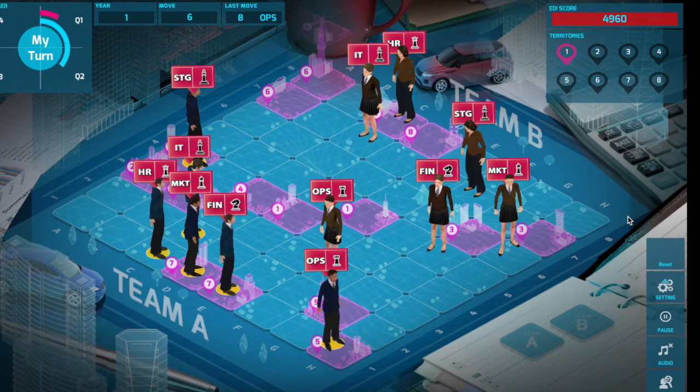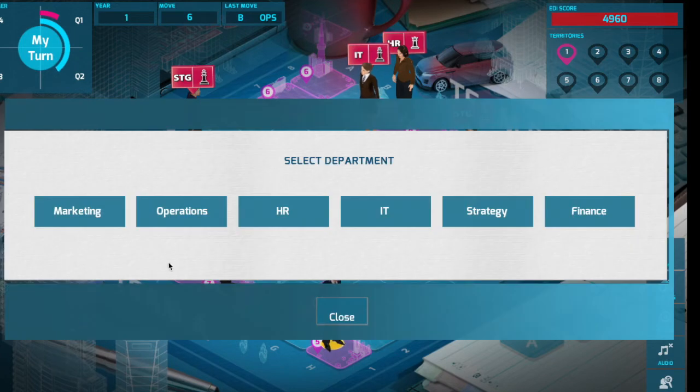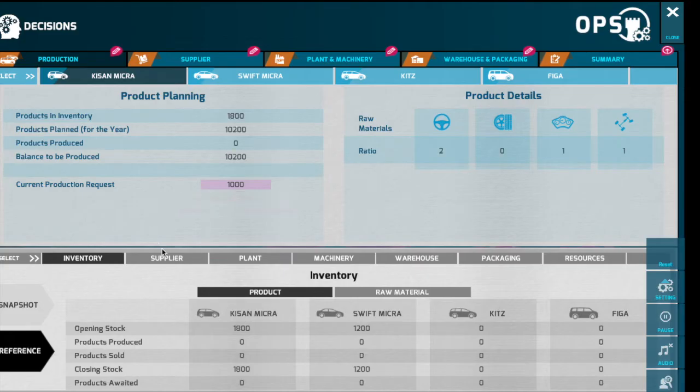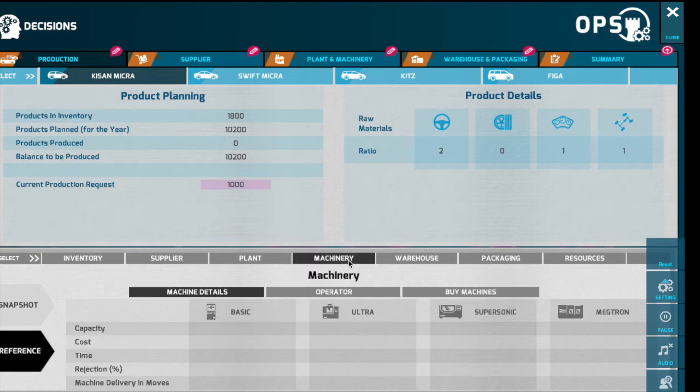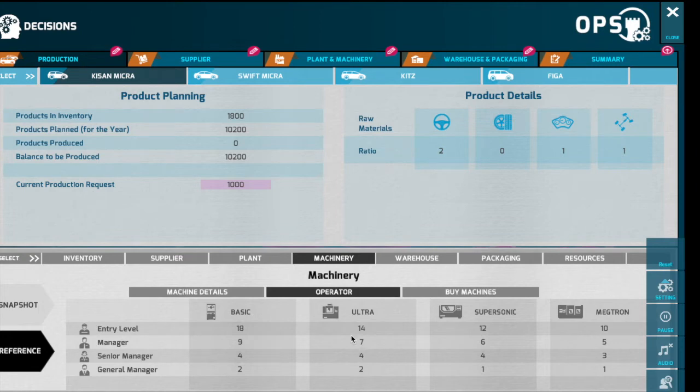actually discuss with them. Each individual decisions, as you see in this game, are completely interconnected. For example, if the operations would have to produce more products, they would need the help of the HR to recruit more people in order to function.